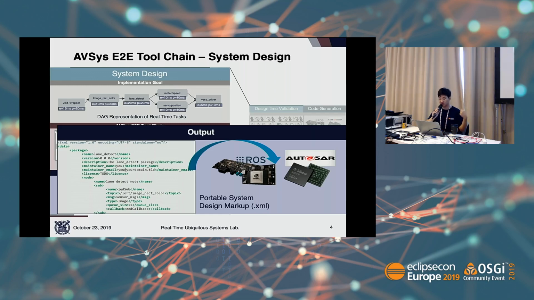It can be adapted to various target systems, like the PX2 or TX2 NVIDIA boards, the ROS system, or the Infineon CPU with the AUTOSAR system. And this was the system design stage.